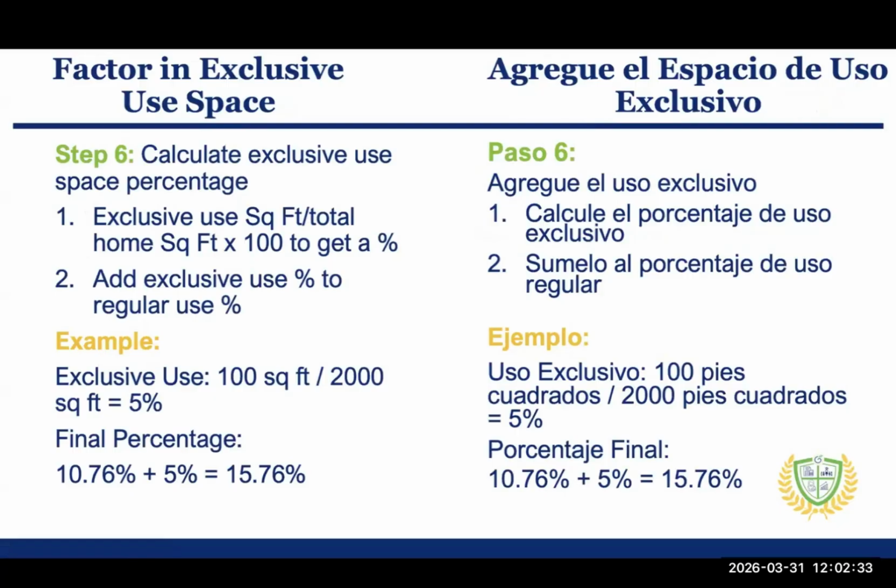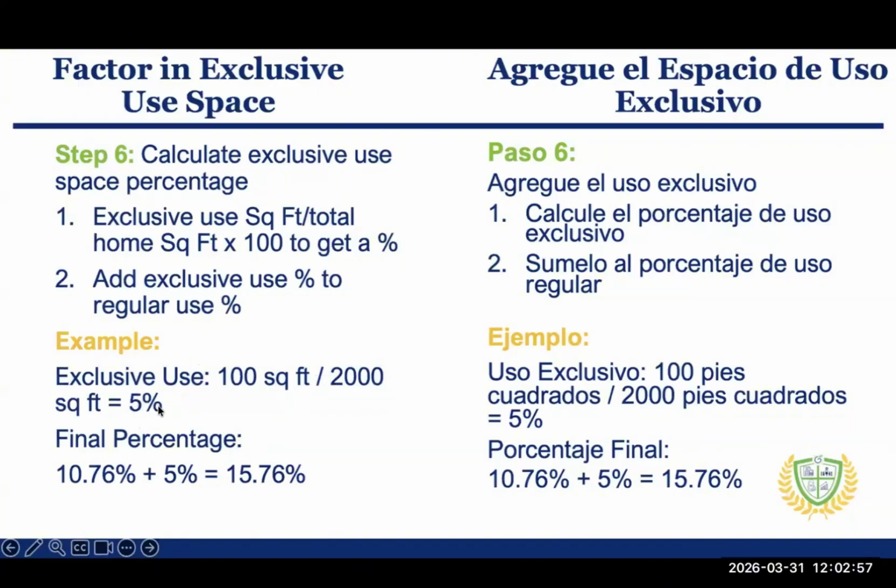So let's say your exclusive use square footage is 100 square feet. In the example, let's say it's 100 square feet by 2,000 square feet. If you remember, 2,000 was our total square footage in our home. So 100 divided by 2,000 is about 5%.